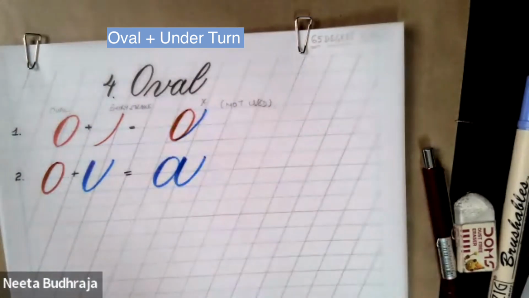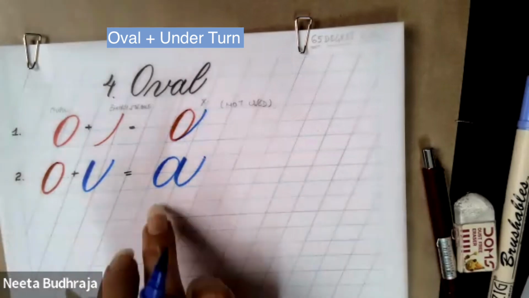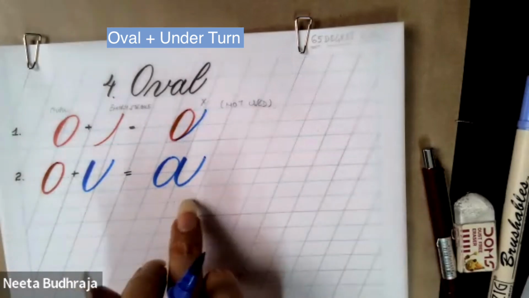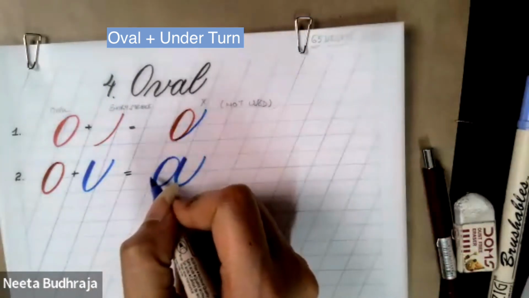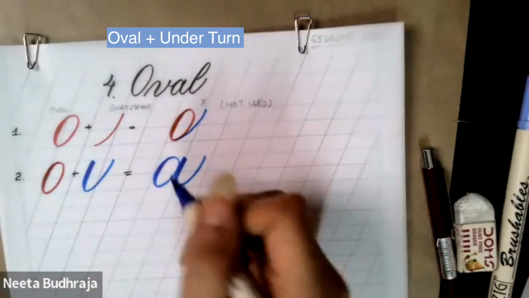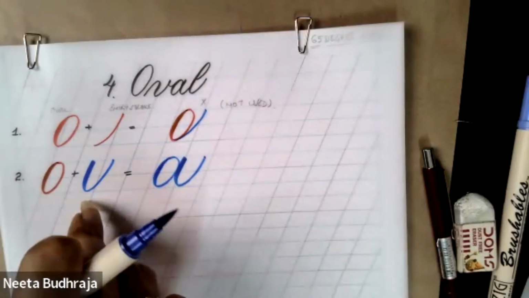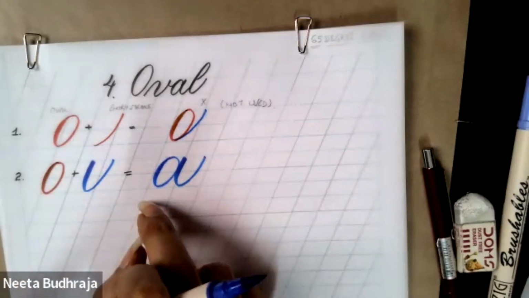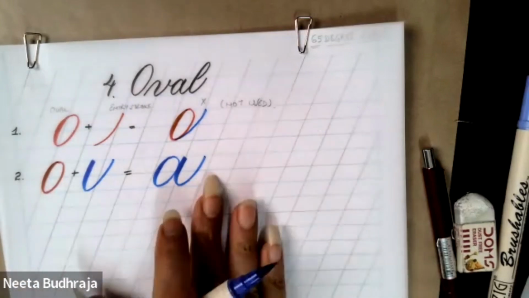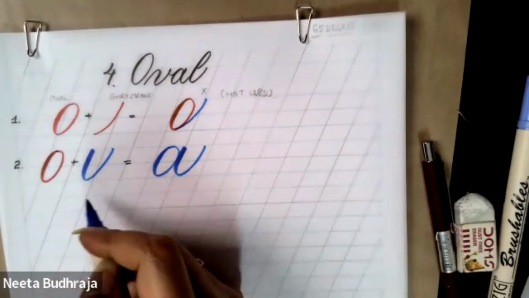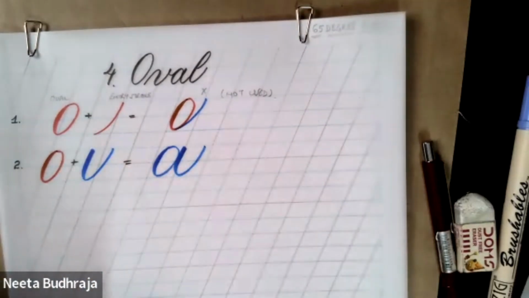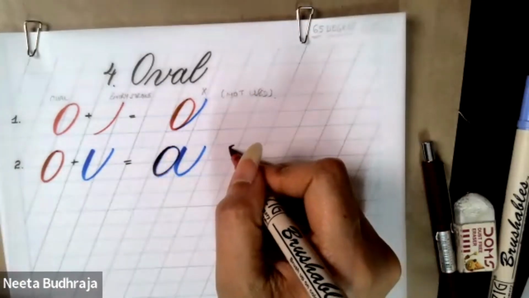So when we see that oval and undertone, when joining together, they form letter A. And of course, there is an entry stroke as well before oval, but we are seeing the scenario where oval and undertone is connected and how to connect them. So this is one example of oval and undertone. If you know any other example in the English alphabet about this connection, where it comes, do let me know. Connection that can be done.